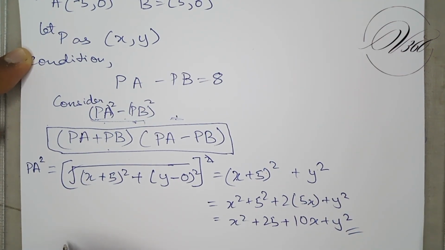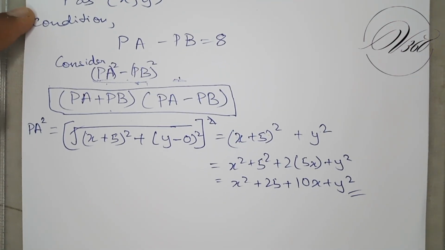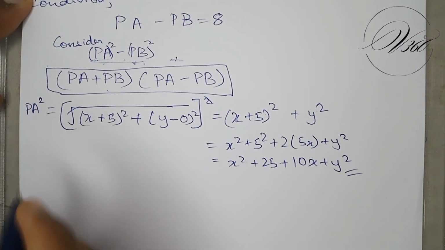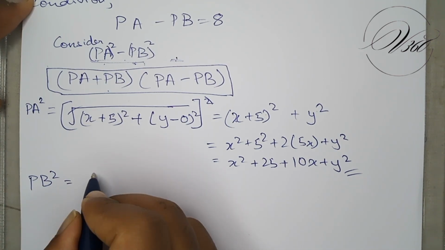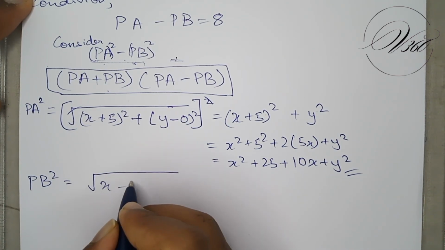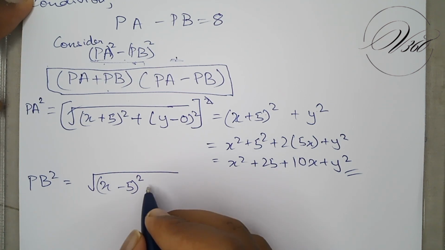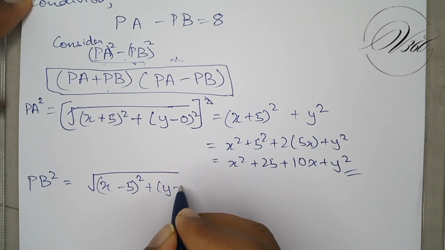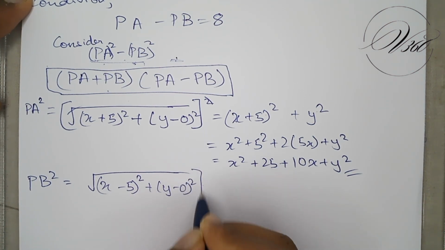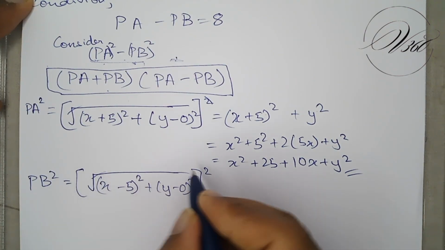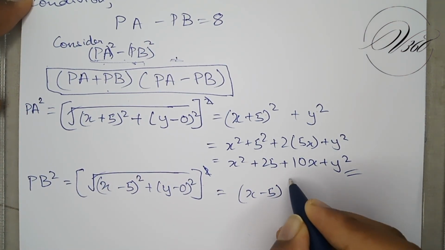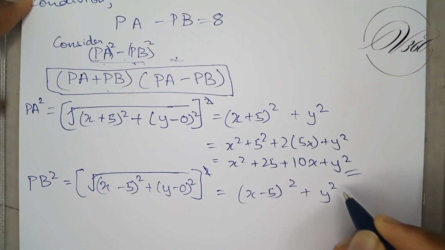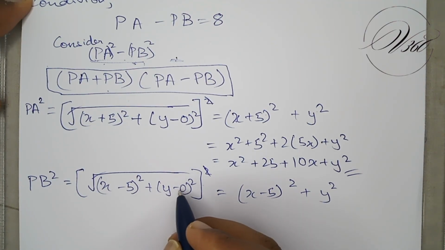Okay, now here we'll find out what is PB square. PB square is equal to under root (x - 5) whole square plus (y - 0) whole square, which is under a square. Now squares and roots get cancelled. Now here we'll get (x - 5) whole square plus y square, because y minus 0 here again is y.